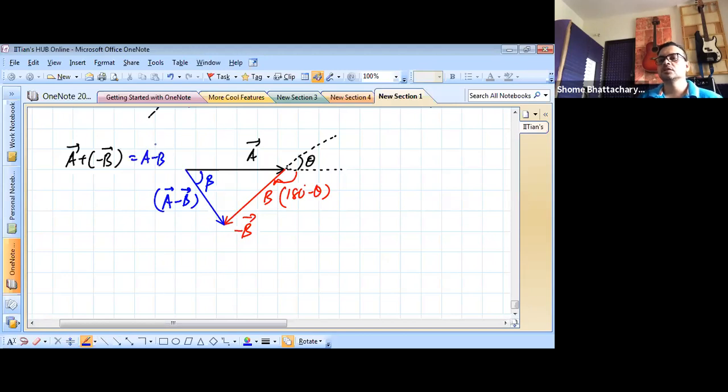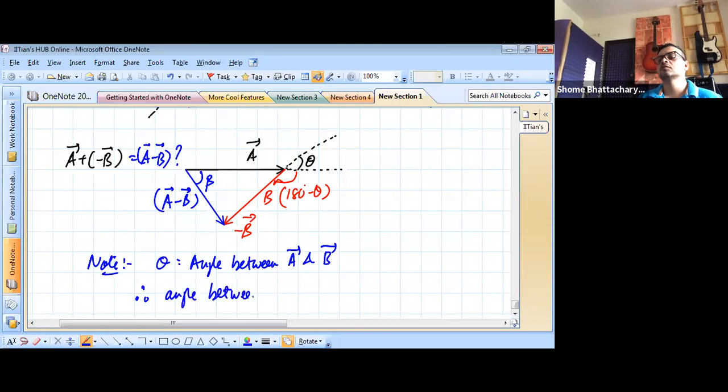Okay. So here we have to, of course, understand one thing, that theta was the angle between the vector A and the vector B. Therefore, the angle between the vector A and the new vector minus B is how much?